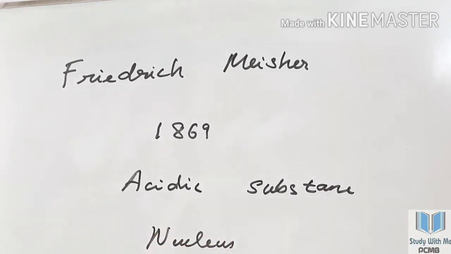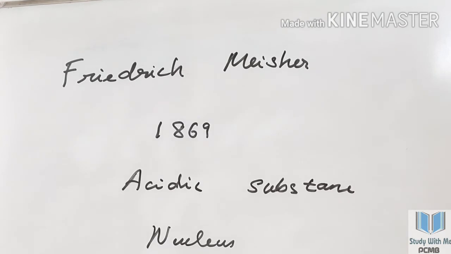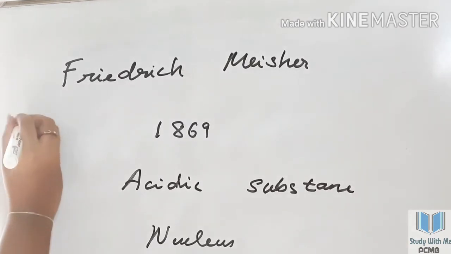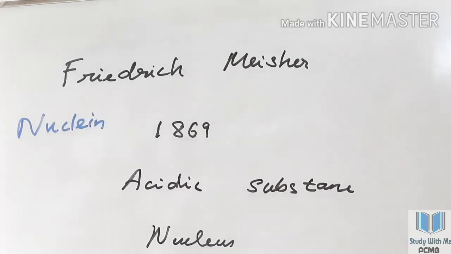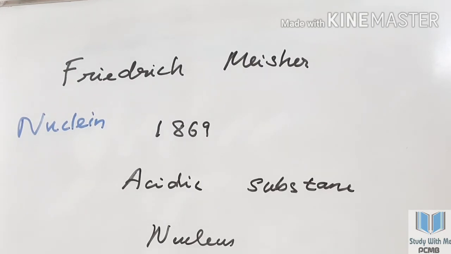So in 1869, Friedrich Miescher observed the presence of an acidic substance in the nucleus. He named that substance nuclein because it was present in the nucleus.